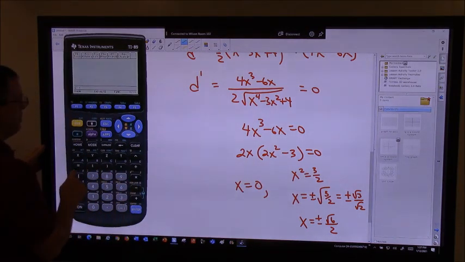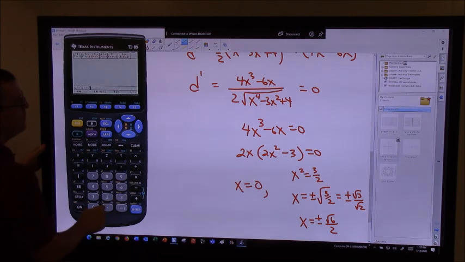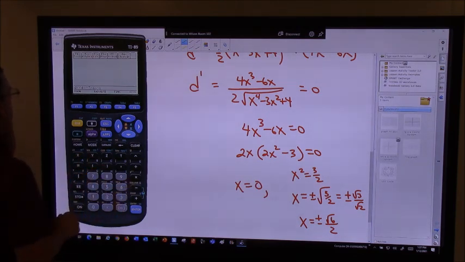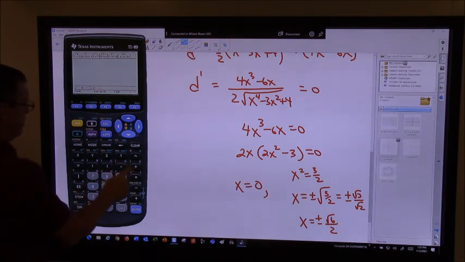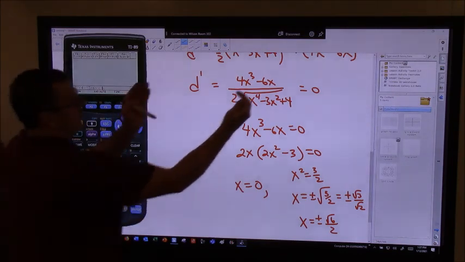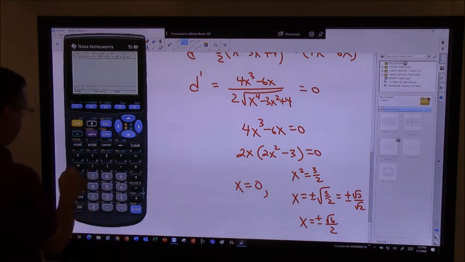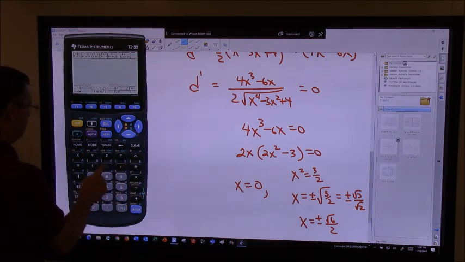So in parentheses, I've got 4x raised to the third minus 6x, close parenthesis, and then divided by, in parentheses, 2 times the square root of x to the fourth minus 3x squared plus 4.